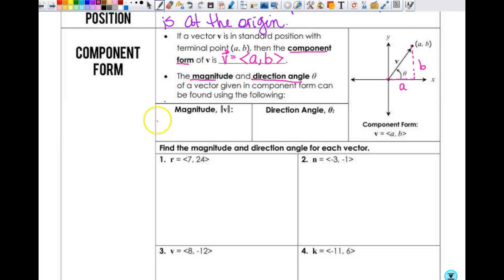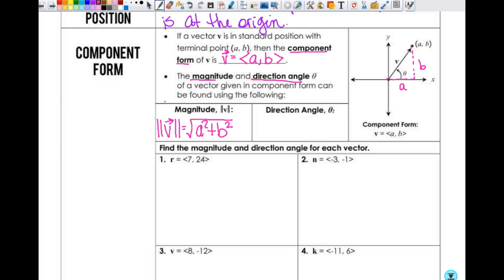So the magnitude of the vector V is just equal to, it's like the Pythagorean theorem, the square root of A squared plus B squared. It's just like when we found the radius, it's just not X and Y, it's A and B, but they mean the same thing. Okay, easy enough?